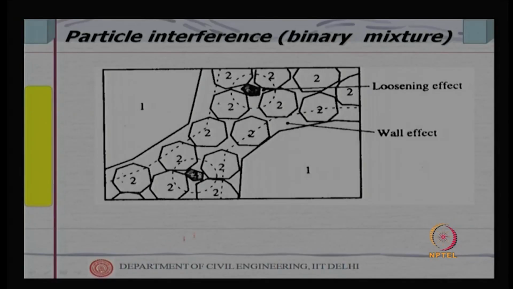You can see that both together are causing wall effect and loosening effect in a large aggregate. This is your aggregate, 2 is the fine aggregate, and these are the additional voids which have come in. So, particle interference is occurring here.